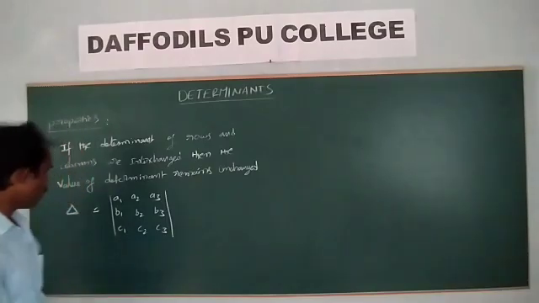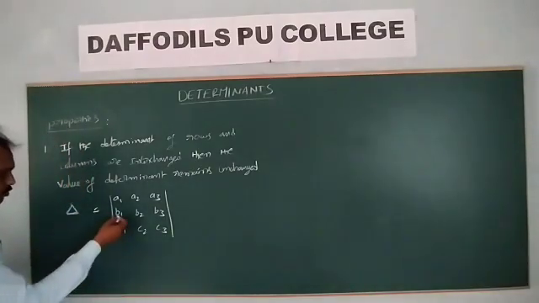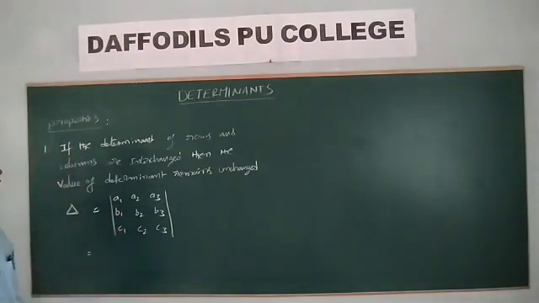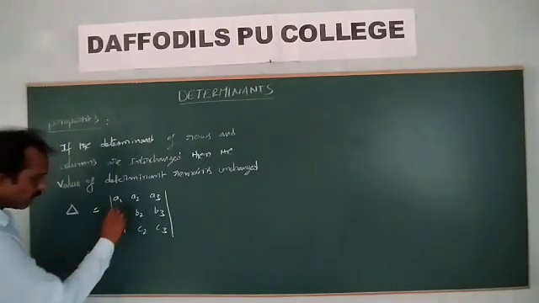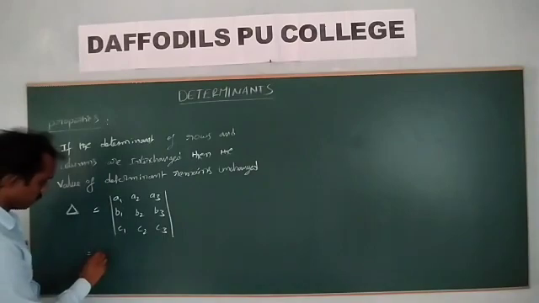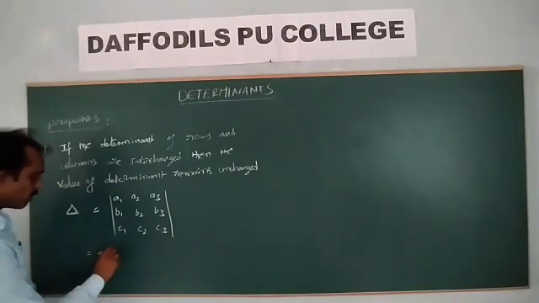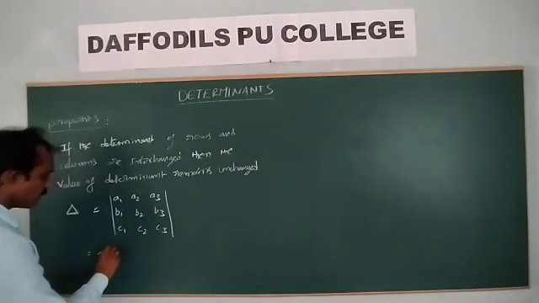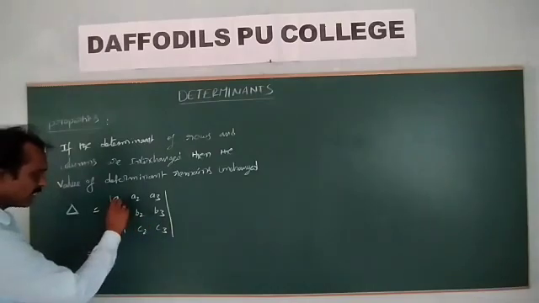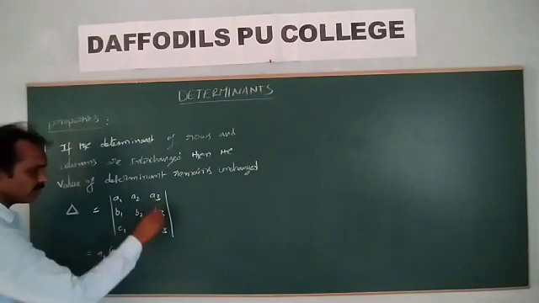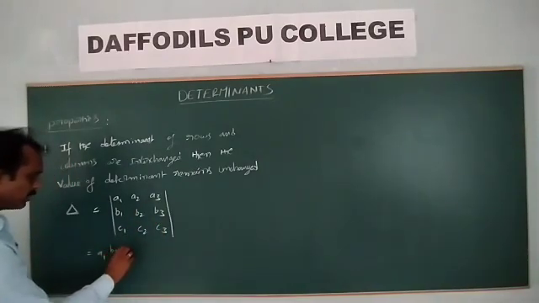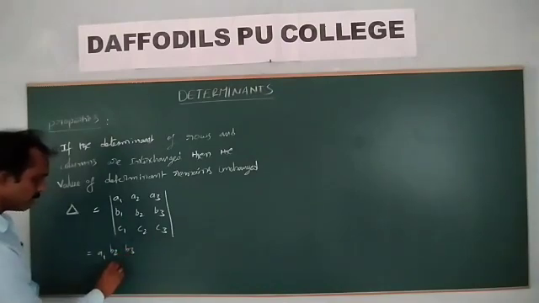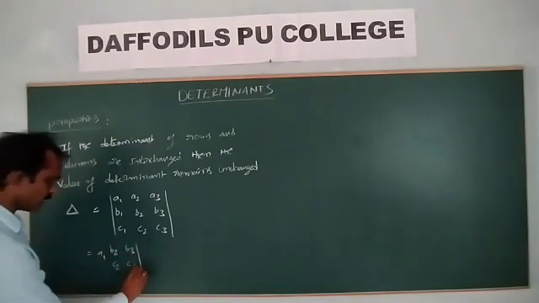Already we discussed how to expand the determinant along R1: A1 of, deleting this row and this column, the remaining values, I write one more time, B2, B3, C2, C3.